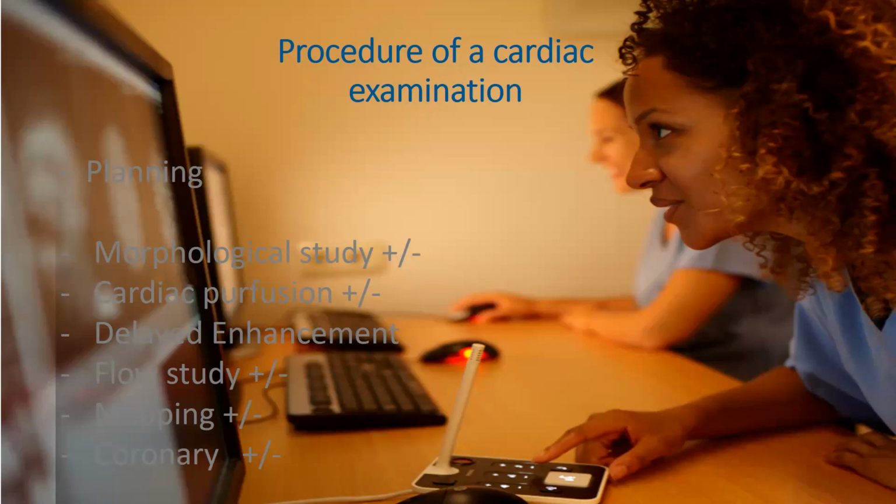I will also show how we can do the flow study, and the mapping, the T1, T2 and T2 star mapping. And I will close with the coronary analysis. Note that in each part during this presentation, I will explain the physics of MR used as well as the adapted sequence. In addition, I will present the dedicated processing for each session.